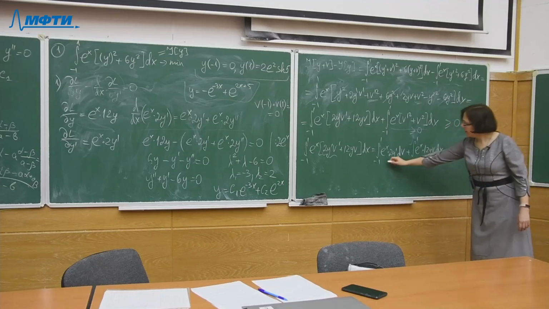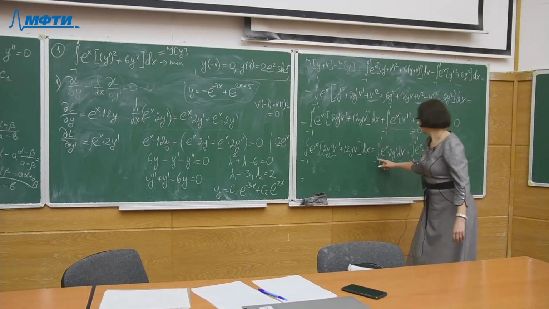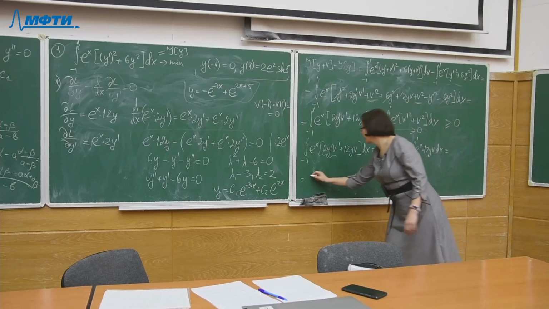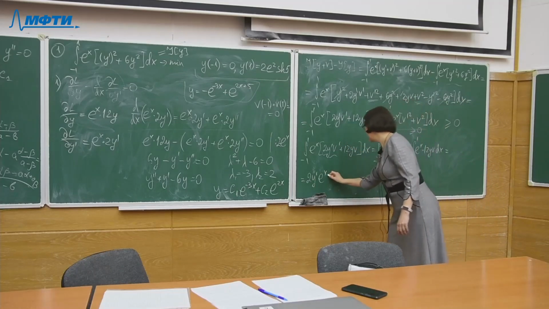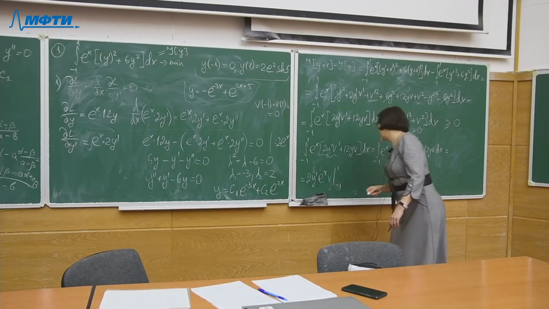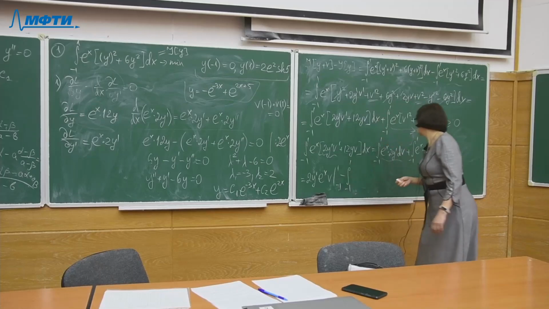Okay, then using the formula of integration by parts, we rewrite this part as the product 2y prime e to x v from -1 to 1 minus the integral from -1 to 1.